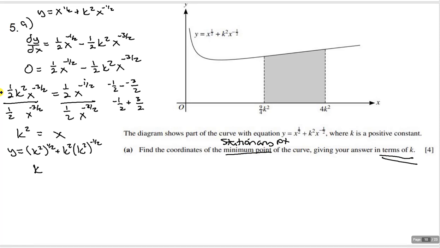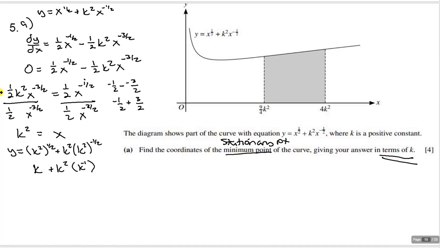I'm going to raise this to the power, so this is going to be k to the negative 1, because 2 times negative 1/2 is going to be negative 1. I haven't done anything with this yet, but when I raise this to this power, it's going to be k to the negative 1, because it's negative 1/2 times 2, right?